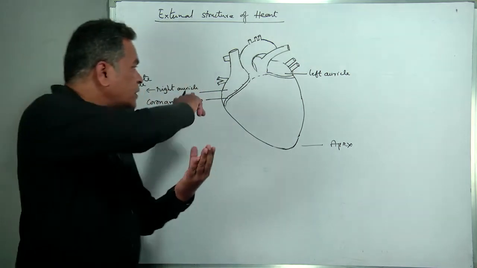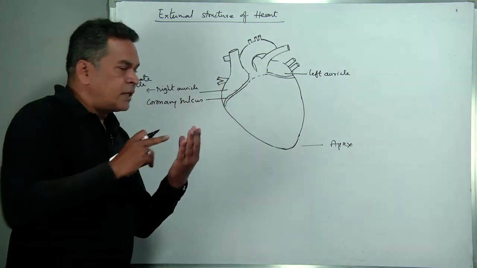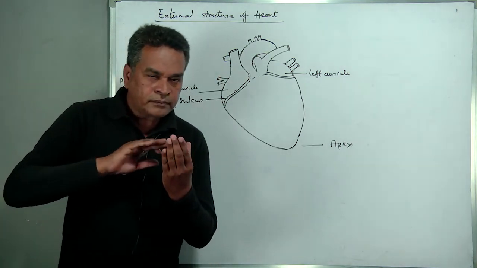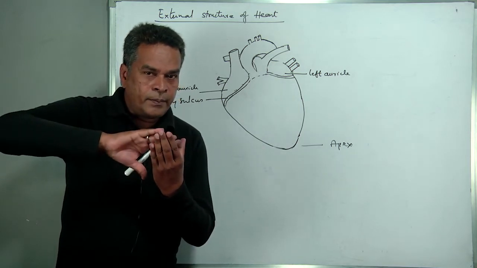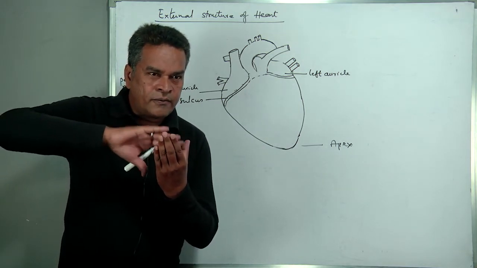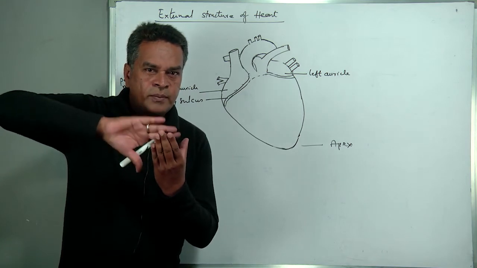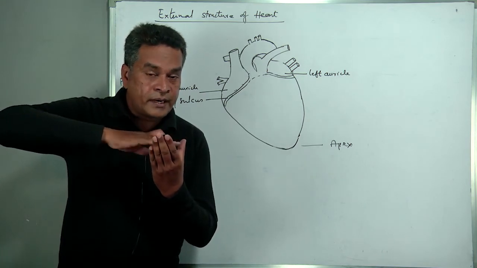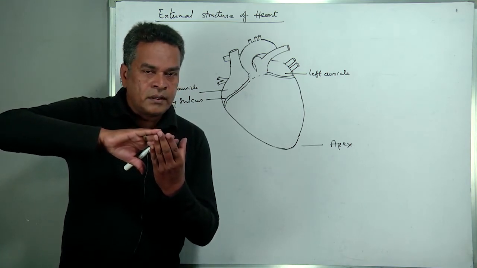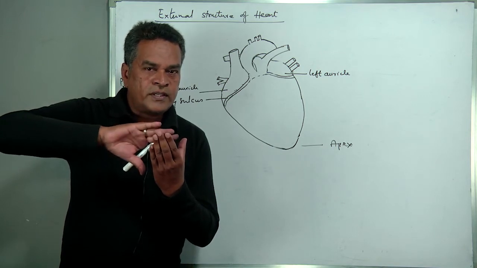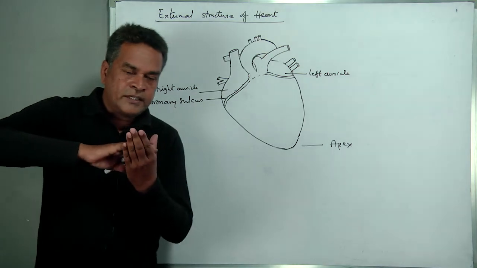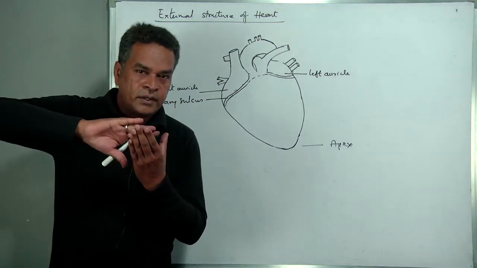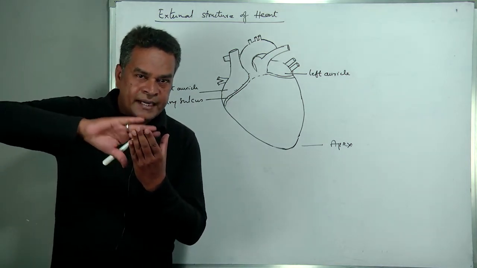If you take the right auricle or right atrium, inside the right atrium you find a rough surface. That rough surface is due to the presence of pectinate muscles, present on the anterior surface.